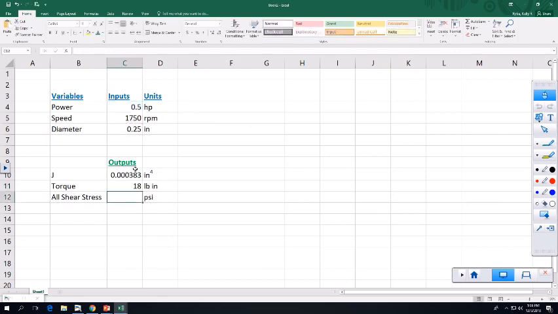Enter. Okay, and then my allowable shear stress is going to be equal to the torque that I just calculated times diameter divided by 2, parentheses, and then I need to put parentheses around that top line, divided by the J that I calculated above.